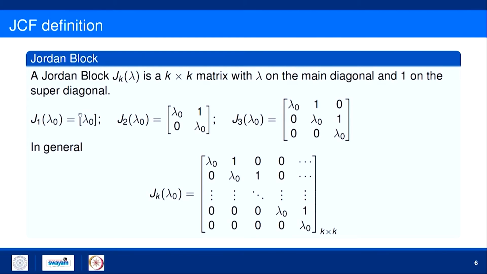Similarly, a Jordan block of size 2 can be written as lambda 0, 1, 0, lambda 0. A Jordan block of size 3 is lambda 0, 1, 0, 0, lambda 0, 1 like this. Here you can notice we have the eigenvalue on the main diagonal and 1 on the super diagonal. Similarly, a Jordan block of size k is given by this one.